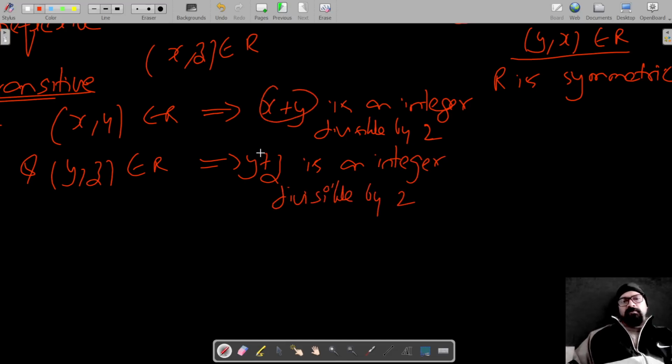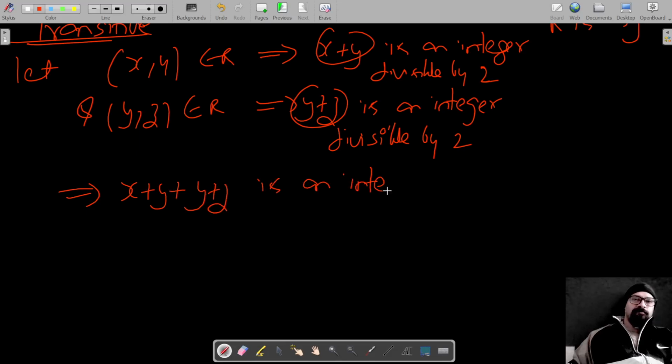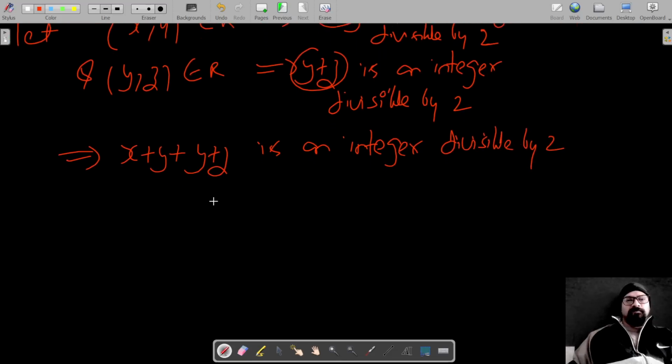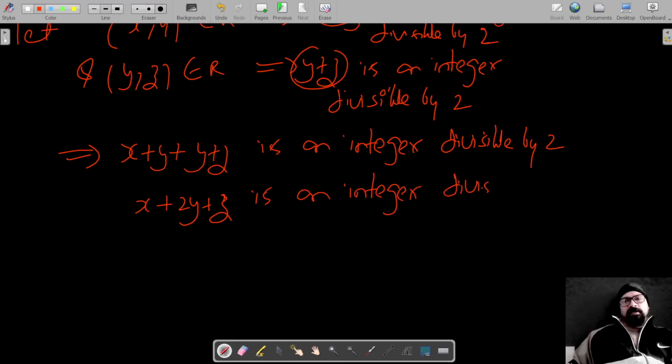So if this is an integer divisible by 2 and this is an integer divisible by 2, that means their sum, x plus y plus y plus z, is also an integer divisible by 2, which gives x plus 2y plus z is an integer divisible by 2.